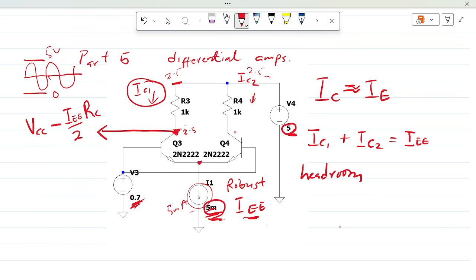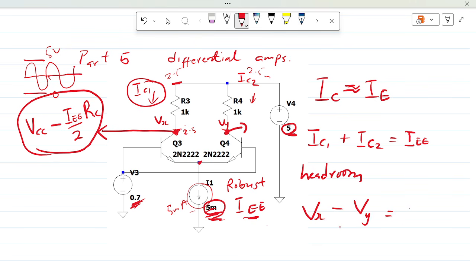So that's one thing that we've noticed, and you've also seen that this voltage would be exactly the same as that one. So then the differential output, if I call this Vx and I call this node Vy, the differential output, which is Vx minus Vy, should be equal to 0. We also placed some noise in the VCC.